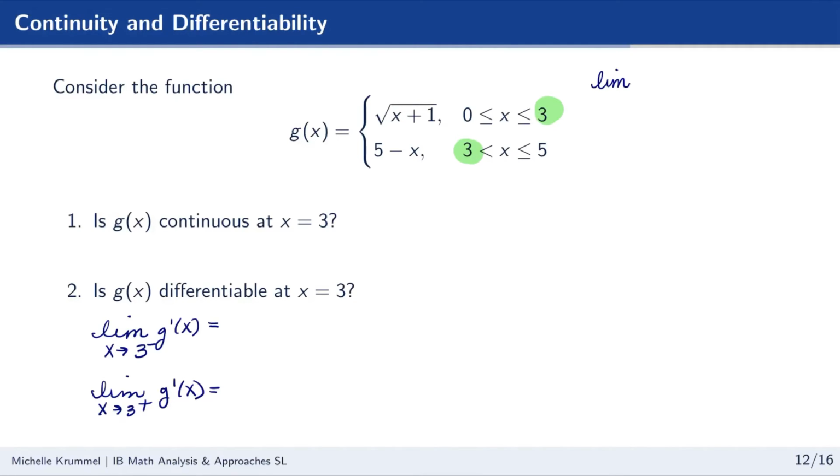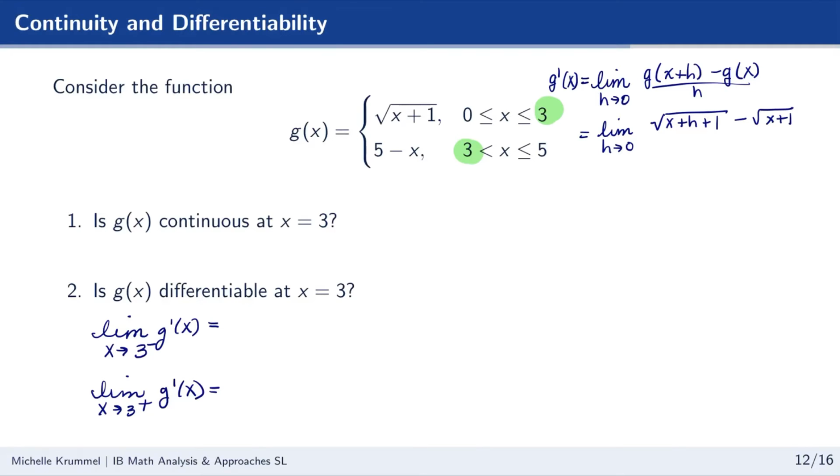I want to find g prime of x, and that's the limit as h approaches 0 of g of x plus h minus g of x over h, which is the limit as h approaches 0 of the square root of x plus h plus 1 minus the square root of x plus 1. Right? G of x plus h means you replace this x with an x plus h. G of x means you replace this x with an x, which isn't going to do anything.